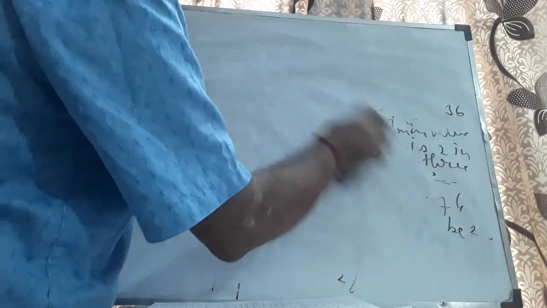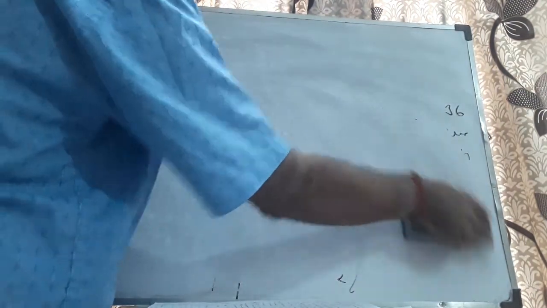I have to give the conclusion as: for no real value of k, the system has infinitely many solutions. That is the way you are supposed to write the conclusion at the end.